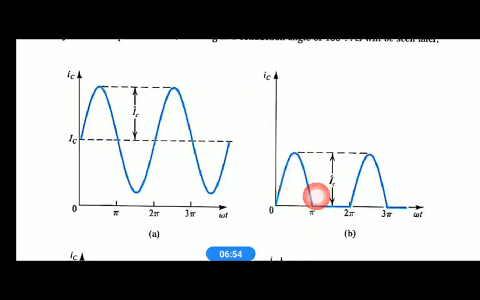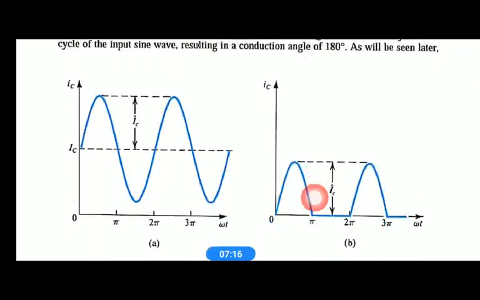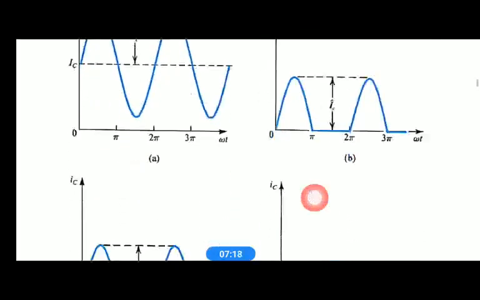You can also use a class B amplifier with only the negative cycle, where the positive cycle is clipped off. In summary, the class B amplifier gives only 180 degrees of output signal, providing a conduction of 180 degrees.